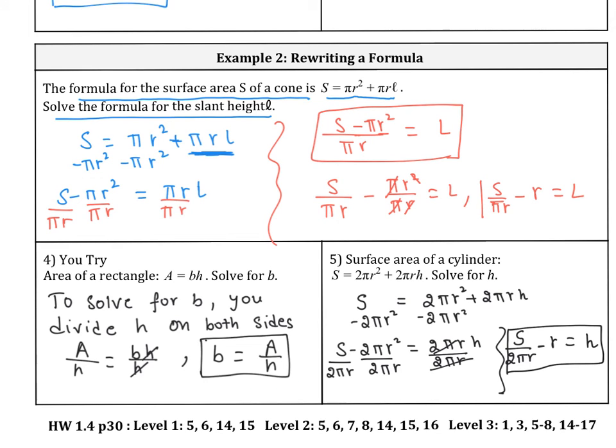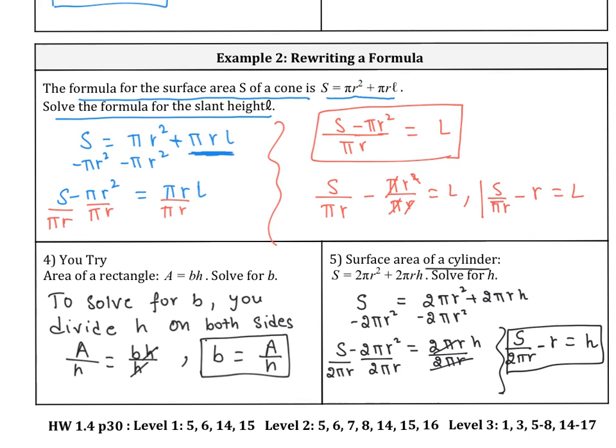Now for number 5, the surface area for a cylinder is given by S equals 2 pi r squared plus 2 pi r h. You're going to solve this equation for h. It means that you're going to subtract 2 pi r squared from both sides. Here you're going to get S minus 2 pi r squared, and on the other side, you're going to get 2 pi r h.